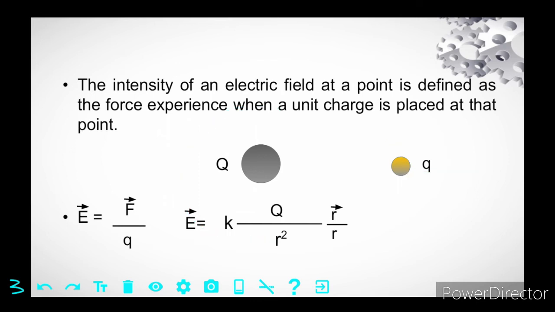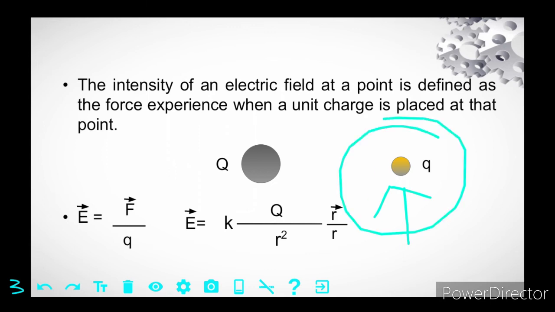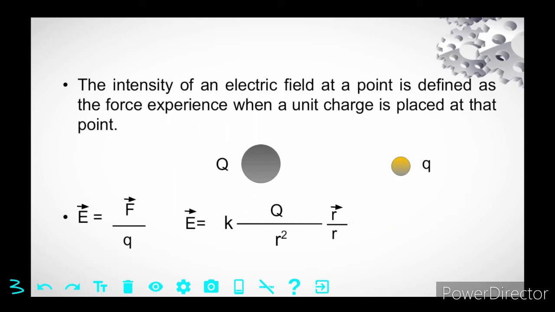If we divide the magnitude of that force by the amount of the charge q, we get the value of the electric field E at this point. If q is equal to 1 coulomb, then the value of F will be equal to the electric field at this point.